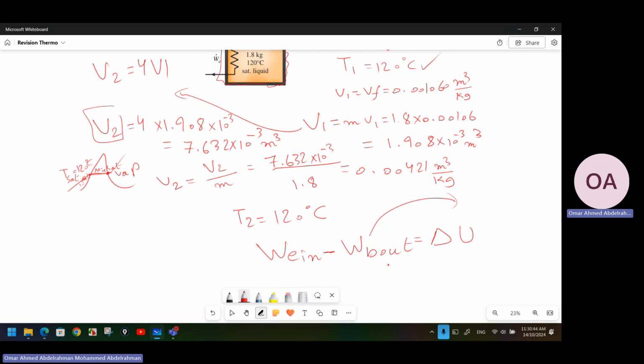Then I will replace the change in internal energy plus the boundary work with delta H. So I will have W_en equal to delta H, capital.